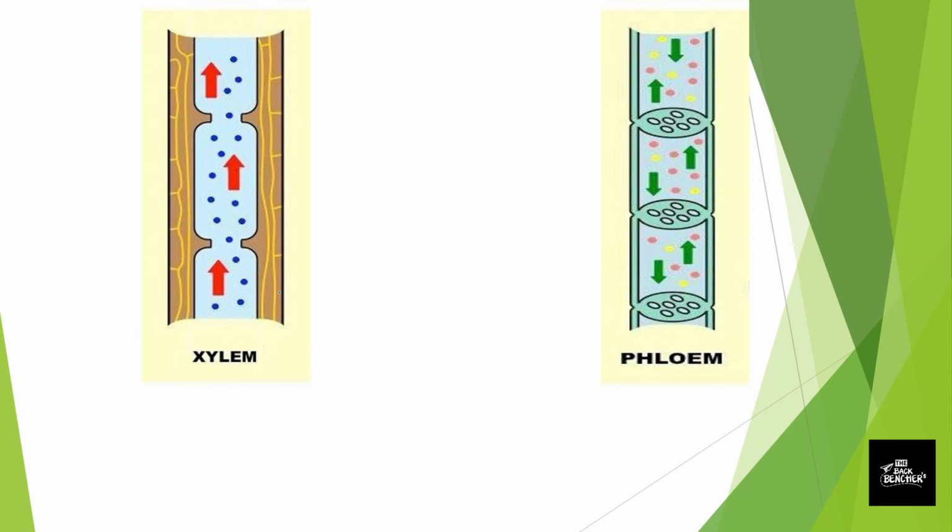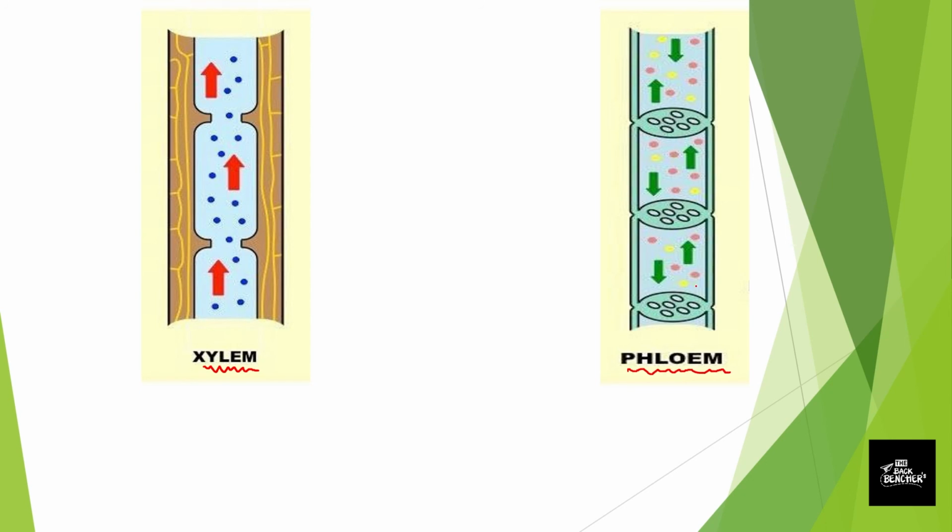Let us have a look at xylem and phloem. So this is a xylem picture, and this is a phloem picture. Phloem has sieve tubes. Let me change the color of the ink. This is xylem and this is phloem.